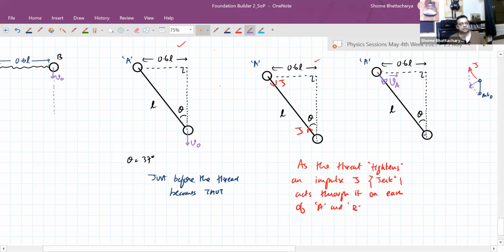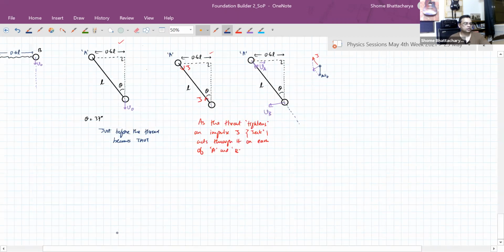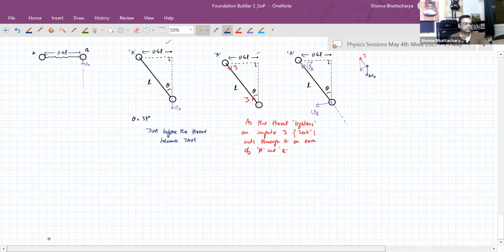So B's velocity is, let us say, in some sort of direction like this. So we have to compare the second and fourth diagram that I've drawn over here. We have to compare these two to find out VA and VB from the value of V0 over here.